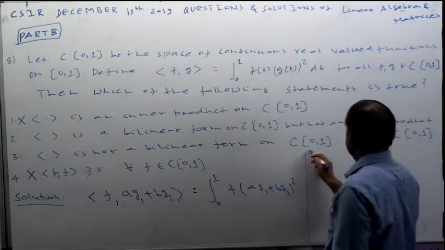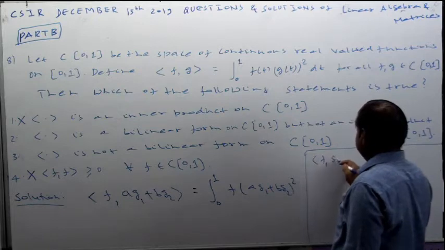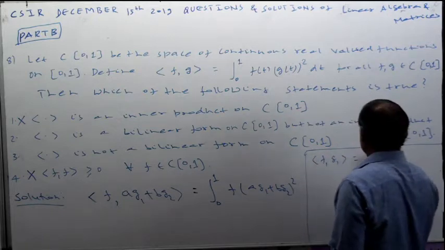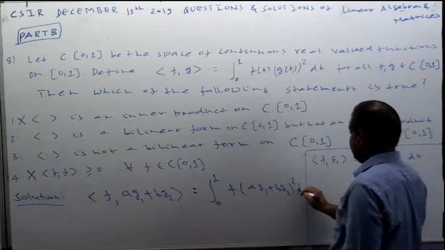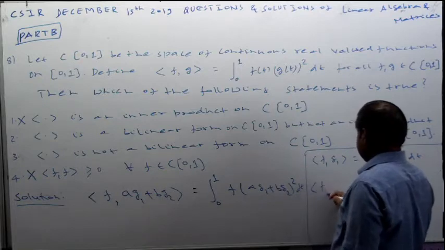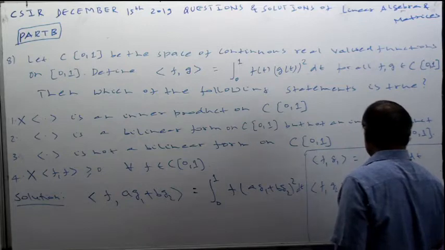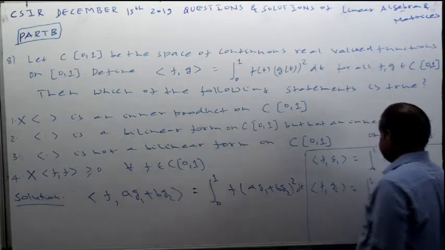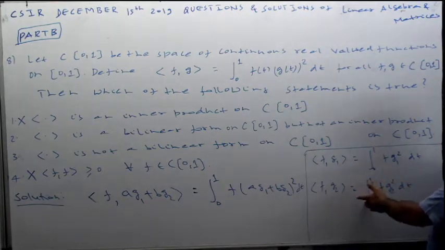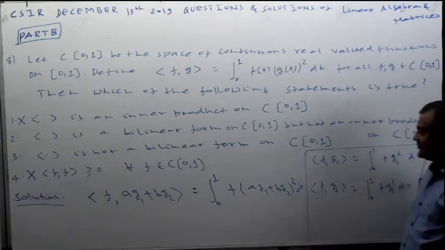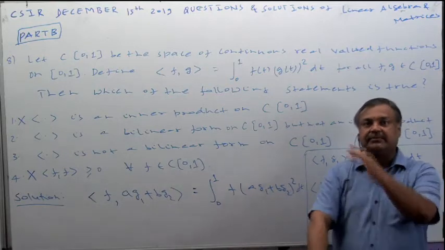Now see, I have limited space. Inner product of f, g1 will be integral 0 to 1 f into g1 square dt. dt also you write. Then f, g2 is integral 0 to 1 f into g2 square dt. If you multiply this by a and this by b, then it will be a times this plus b times this. But here it is a square, b square, plus one more term, twice ab.